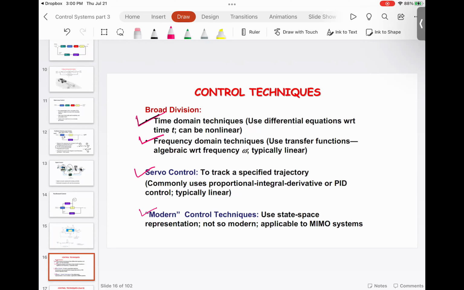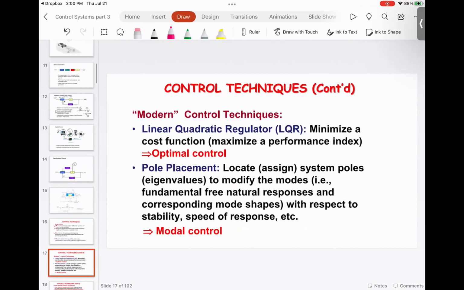So basically you have state space control, servo control, frequency domain control, and time domain control. One step further, you have something called optimal control, wherein you want to minimize certain effort or certain cost using certain mathematical tools.